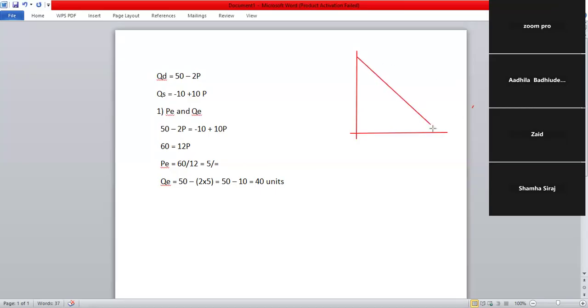So you can have a rough diagram quickly. Right? So 5 and 40. Okay? 5 and 40.